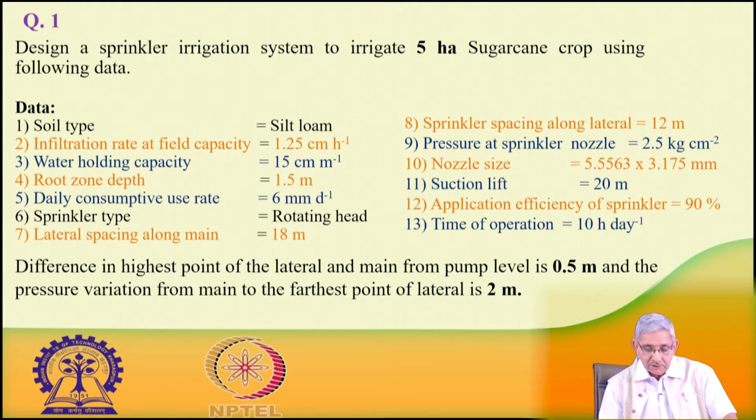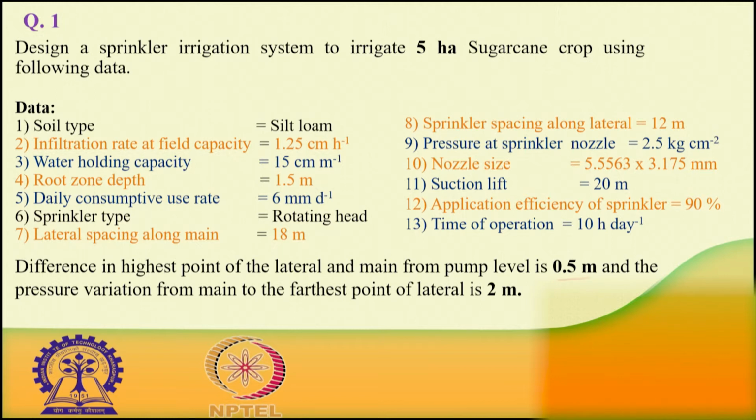The other data given: the difference in the highest point of lateral and main from the pump level is 0.5 meter. And the pressure variation from the main to the farthest point of lateral is 2 meter. Rather, this is the elevation difference, which means the elevation of the farthest point with respect to the main.